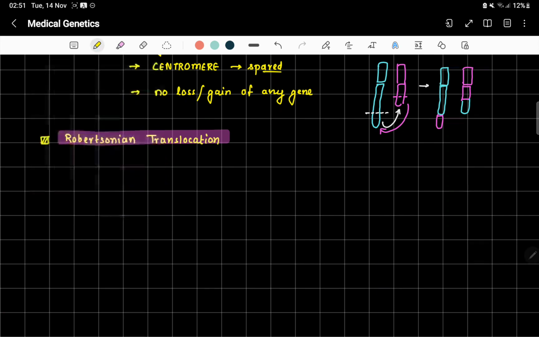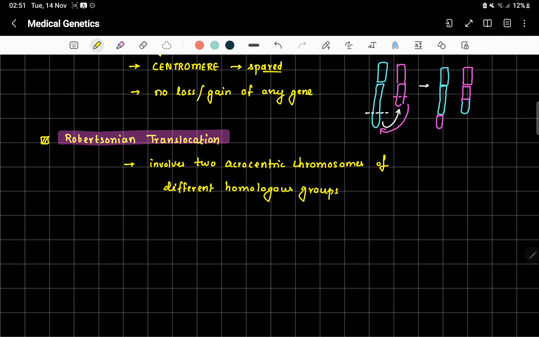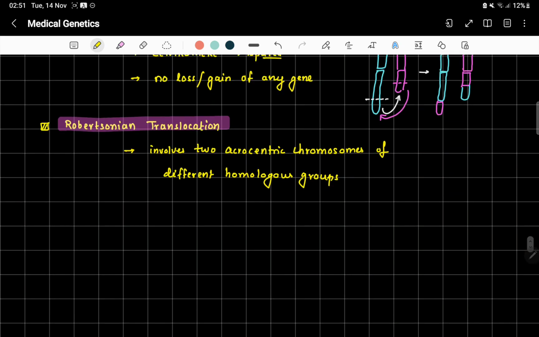The centromere is also broken. There are two breaks at the centromeres. This will cause the breakage of the short and long arms of the two chromosomes, and this will cause trisomy of that chromosome.